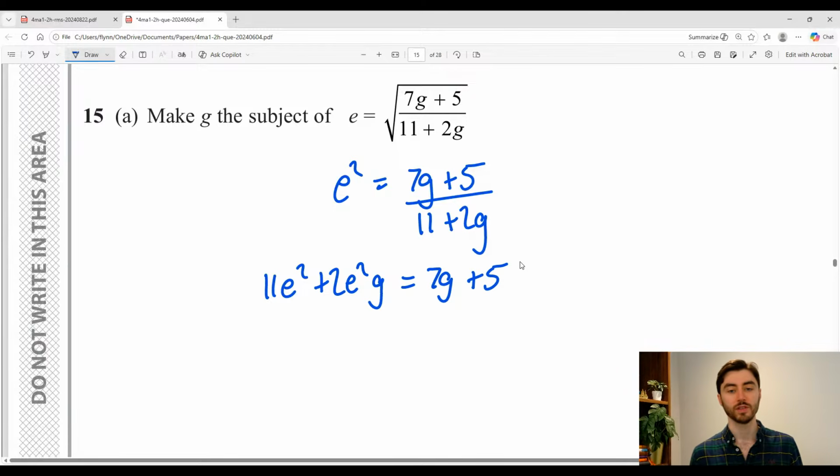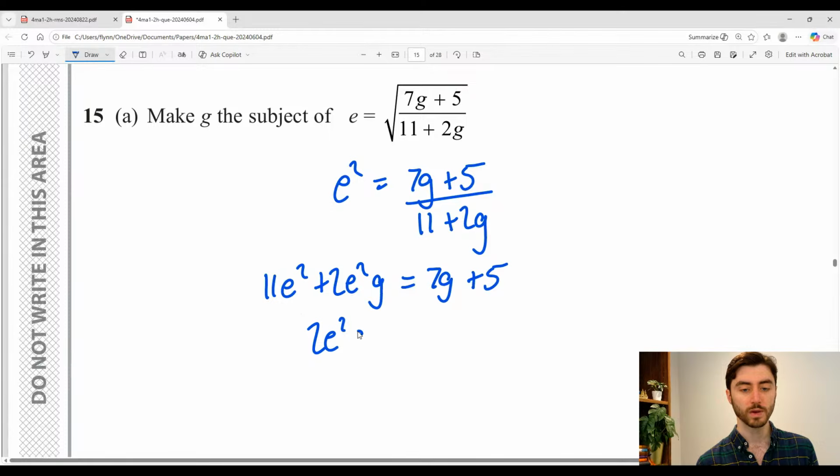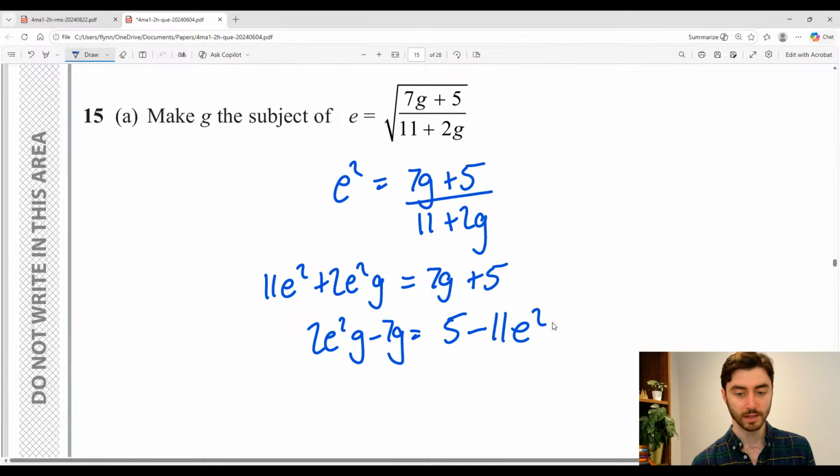Then we want to make g the subject, so we have to get all the g's on one side and everything else to the other. So if I subtract 7g across here, I'll get 2e squared g minus 7g equals, and then subtracting the 11e squared to the other side, I get 5 minus 11e squared.